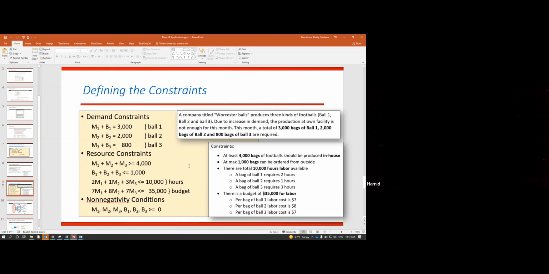M1 plus B1 just means how many of ball 1 you make or buy. It should be equal to 3,000. So for balls 2 and 3, you also have some resource constraints and some policy constraints together. And also the amount of balls you either make or buy shouldn't be negative, at least 0, which is a very intuitive condition.